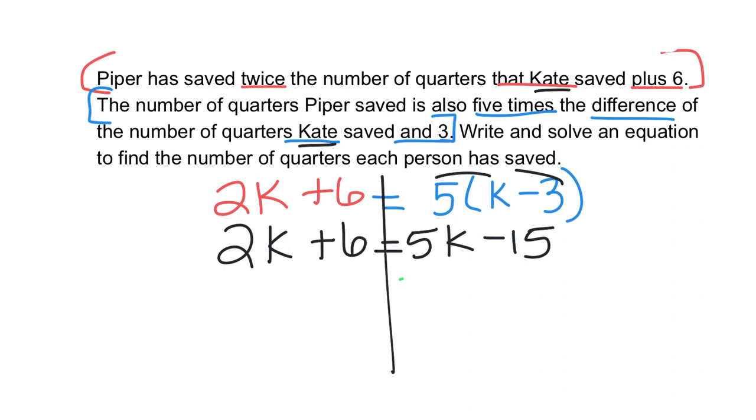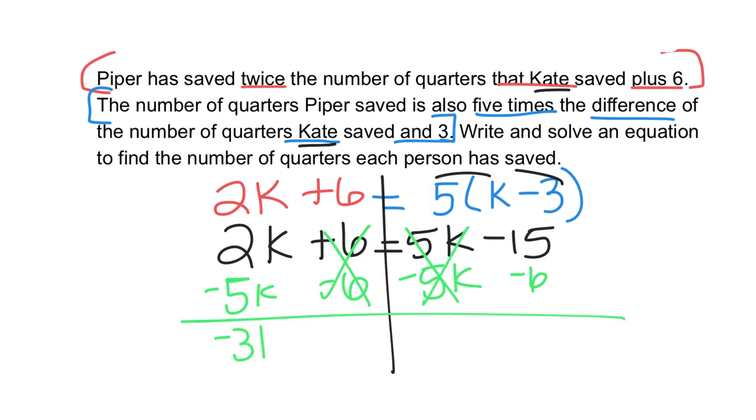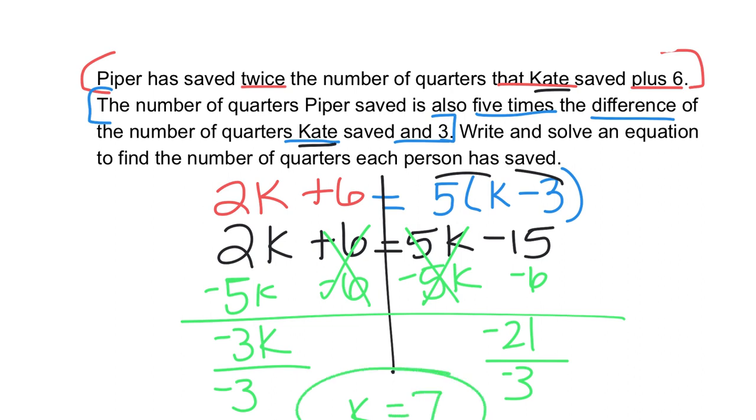And then we're going to subtract 5K, subtract 6, and we get negative 3K and negative 21, and divide both sides by negative 3, and K is 7. So that means Kate has 7 quarters.